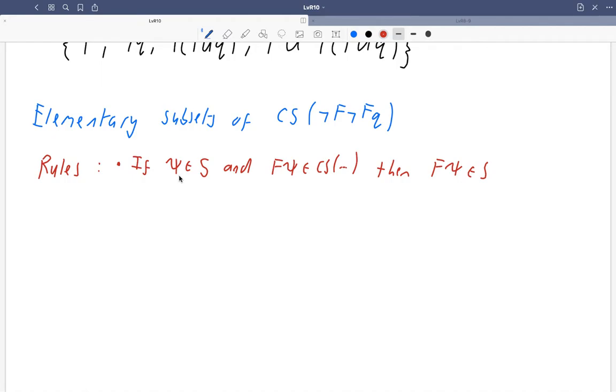So if we've got that psi is true, then F of psi should also be true, as long as it's one of our complemented subformulas. And if the negation of F psi belongs to S, so if we're saying that psi does not hold in the future, then certainly psi does not hold now, so also not psi needs to belong to S. In this case, not psi is automatically a complemented subformula.